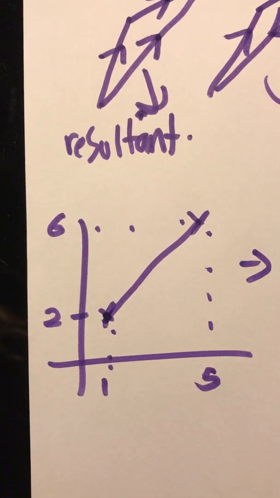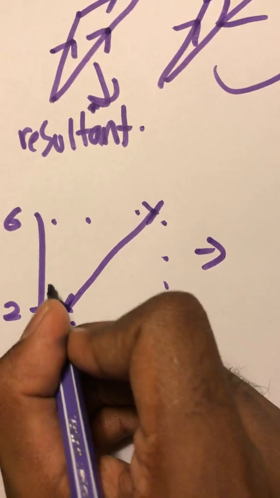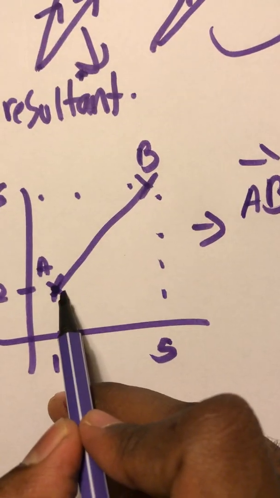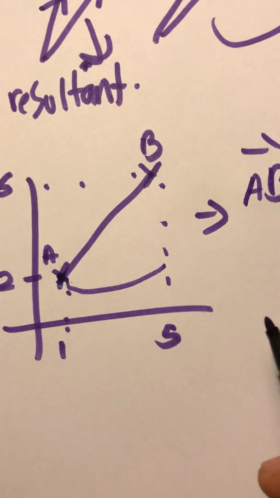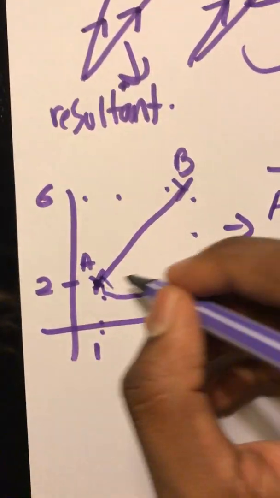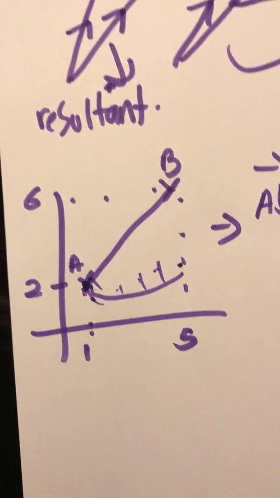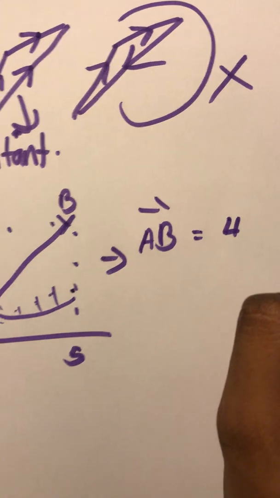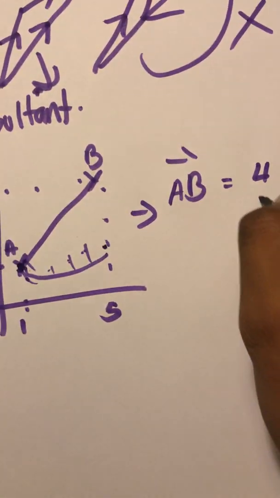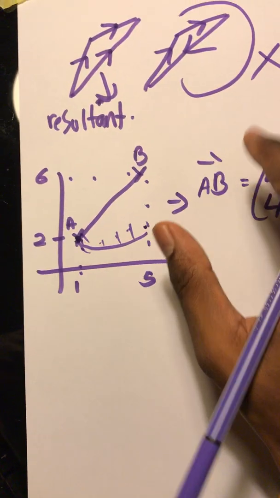Let's say this is point A, point B. I want to know what my vector AB is. So I'm finding how much I go from here to here. From here to here I move 1, 2, 3, 4. So this will be 4, and then from here I move up 1, 2, 3, 4. So 4. Some of you will be wondering what is going on here. Actually, I'll crop this part out.